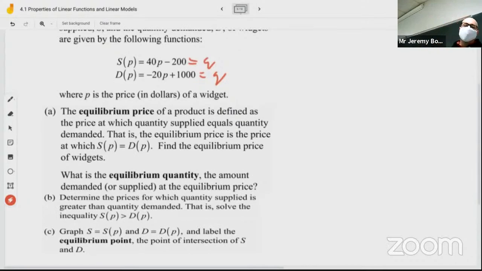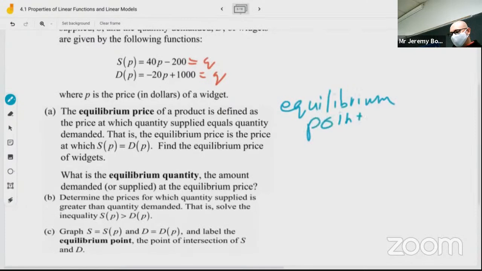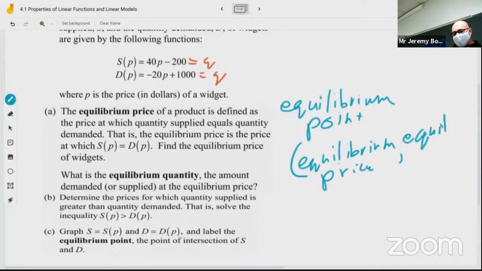And so what that gives us is the equilibrium price and the equilibrium quantity, and those combined make the equilibrium point. That would be the equilibrium price, comma, equilibrium quantity.